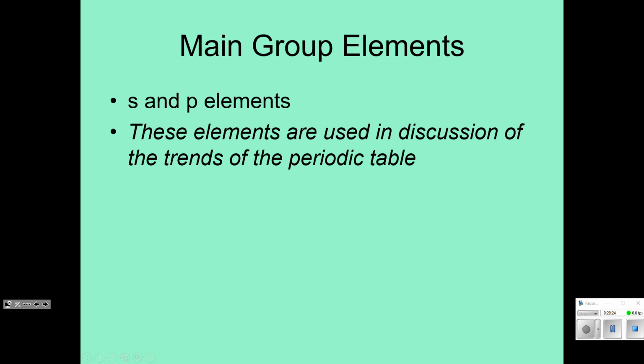The very last blank on your note sheet should be for main group elements. What we are going to start to dive into next week after our quiz, I already mentioned it once, is what we refer to as the trends of the periodic table. These trends are going to help us show which elements are more reactive and why.